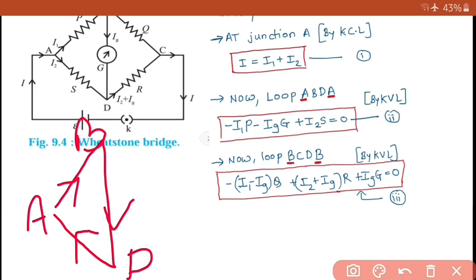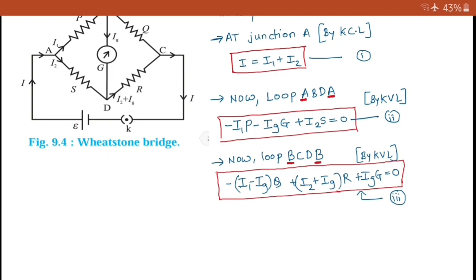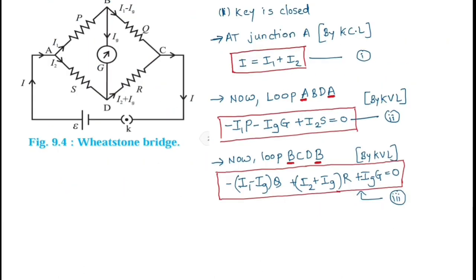From B to D, again the direction of IG and the tracing direction are the same, therefore the potential difference is again negative. From D to A, the direction of current is opposite to the direction of tracing. You can see that from D to A the tracing is upward and the current I2 is downward, so it will be plus I2S. This gives us our second equation.